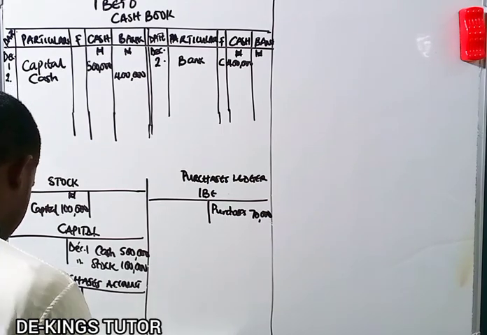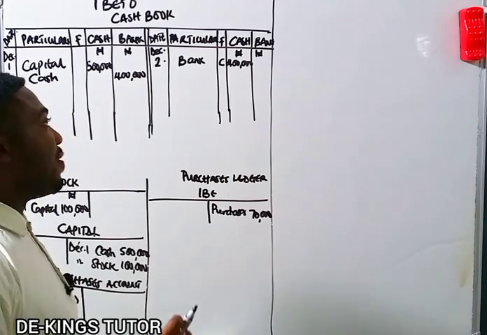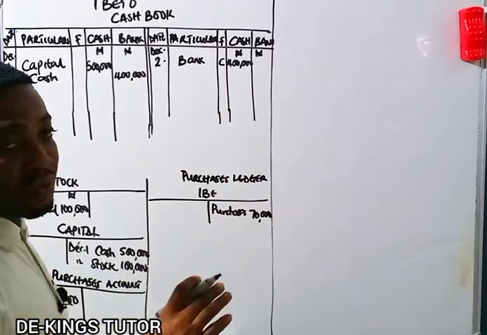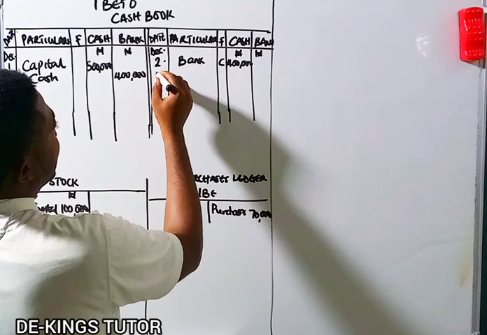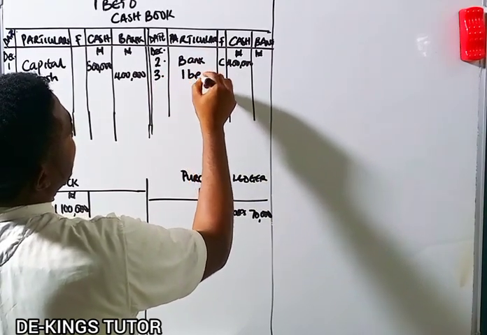Now the next one said December 3rd, gave eBay check of 50,000. If we gave eBay check of 50,000, it means the money passed through the bank. So it will now be December 3rd, and the particulars would be eBay.